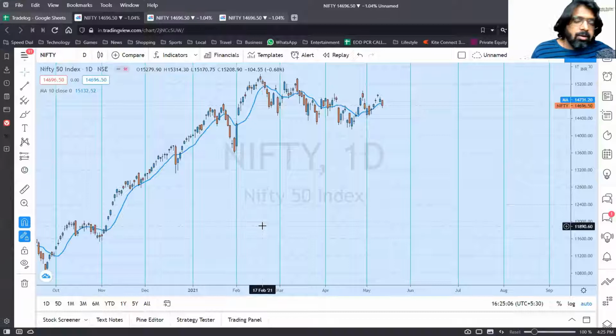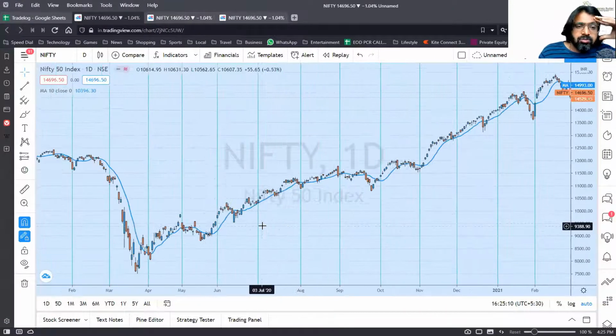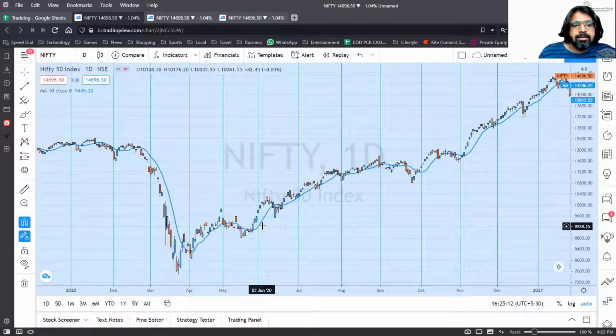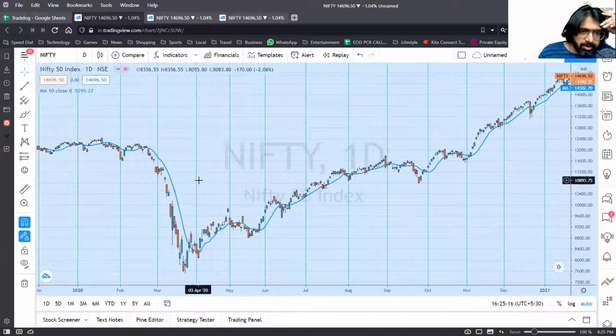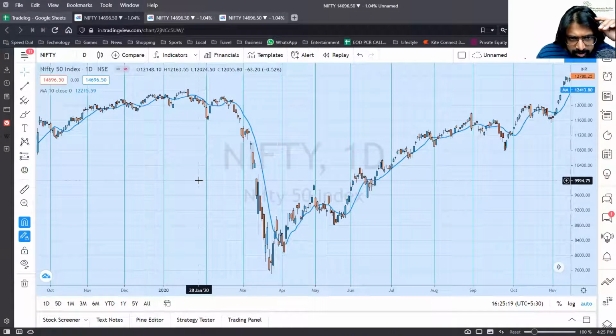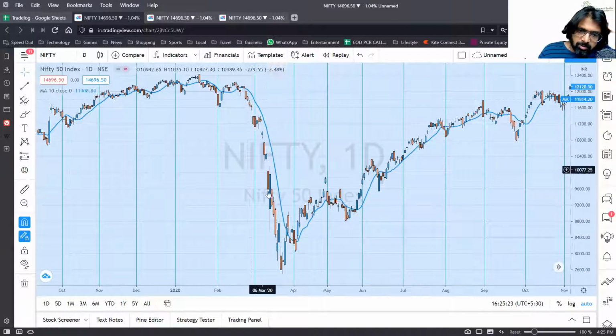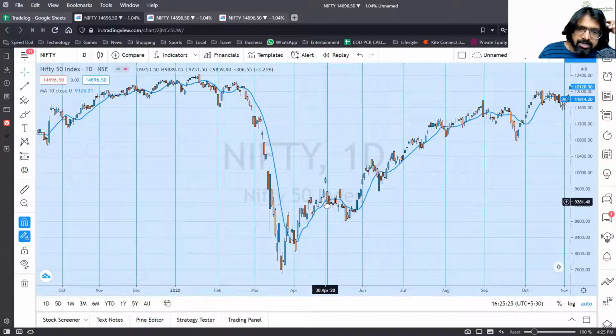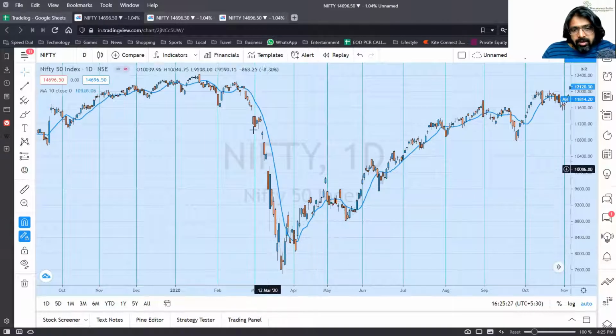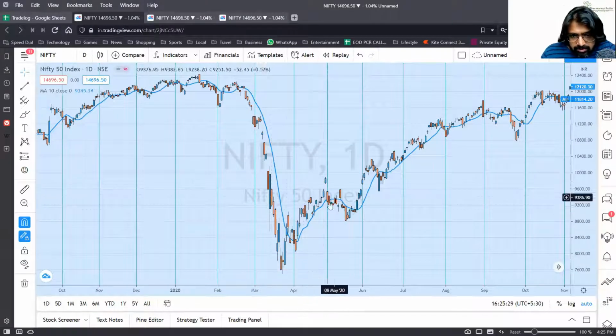Now, as I told you, the moving average tells you about the price trend, which direction the price is going in. But you will oftentimes realize that the moving average tells you about the change in direction of the price pretty late. For example, consider this bounce.